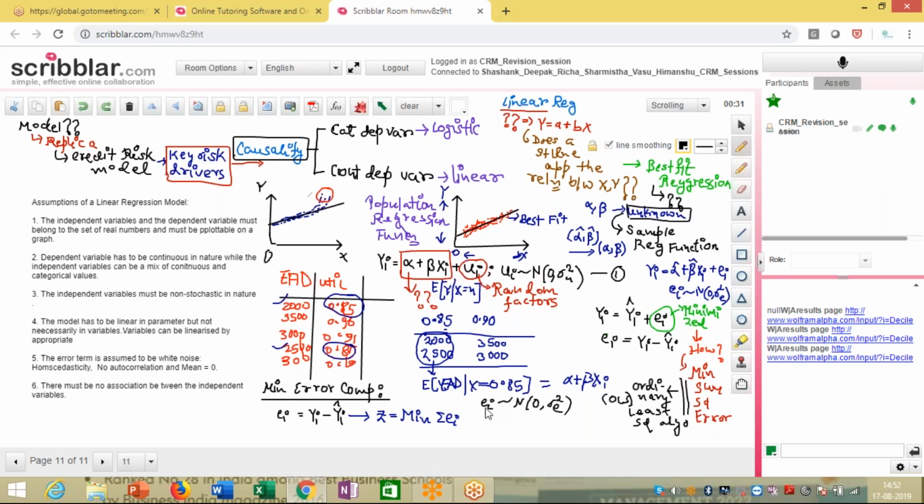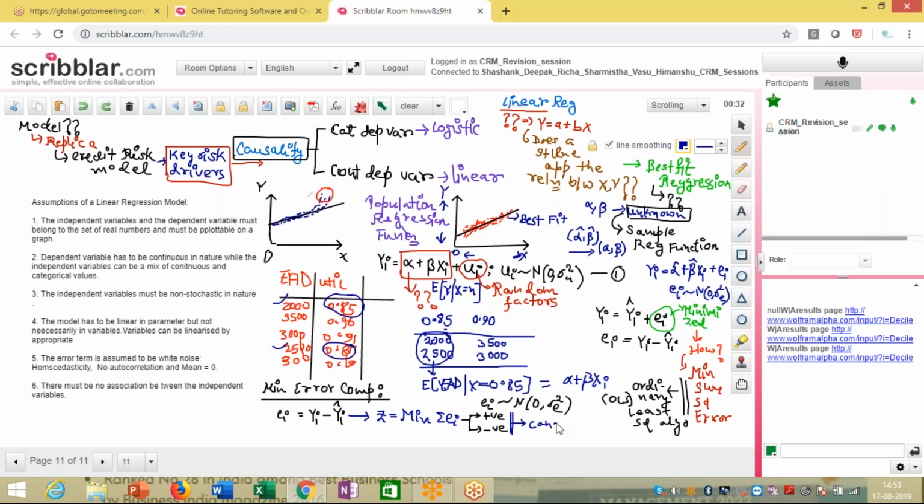So the implication is that there will be some values which are positive and some which are negative, and they can cancel out and become 0.